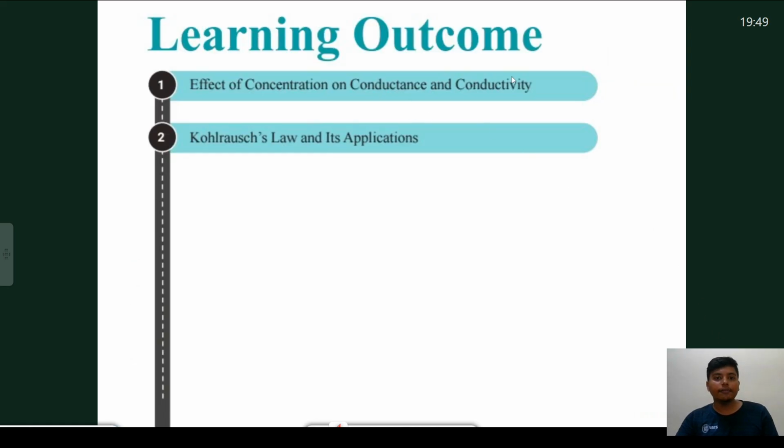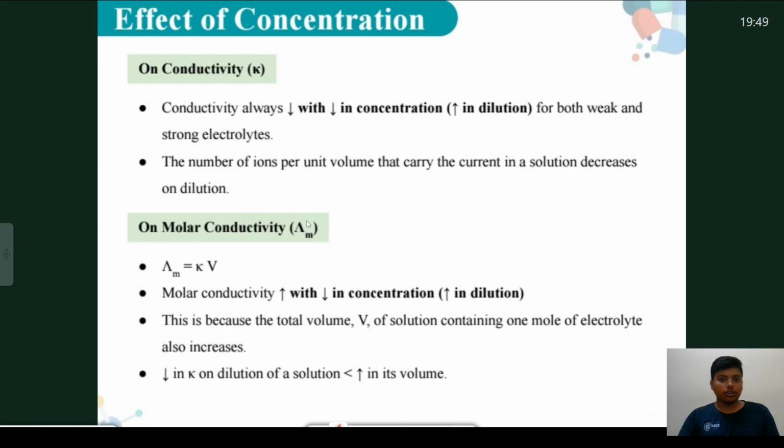Next, the effect of concentration on conductance and conductivity. I already told you lambda m is equal to K into 1000 by concentration. Understood? So if you increase concentration, lambda m will decrease. If you decrease concentration, lambda m will increase.